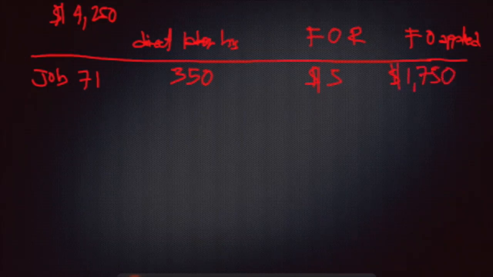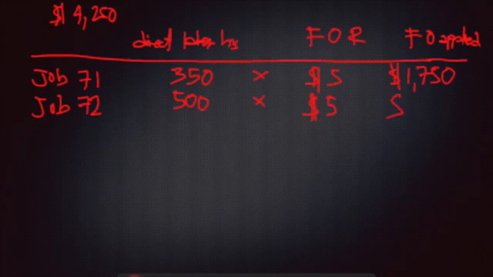We got $1,750 by multiplying the direct labor hours and the factory overhead rate. Now for job 72, direct labor hours is 500. Factory overhead rate is $5 as well. We multiply them and it gives us $2,500, with a total of $4,250.